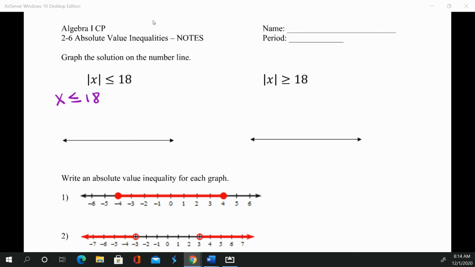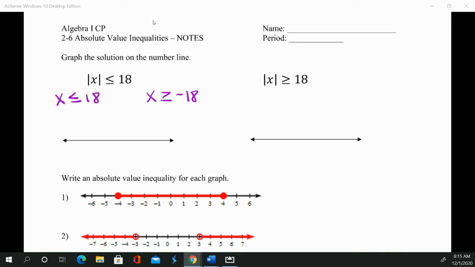And then just like we did with absolute value equations, we want to set what the absolute value is equal to the negative value. So x is negative 18. But what we also have to do for inequalities, because essentially we're taking the negative x value, is divide both sides by -1.